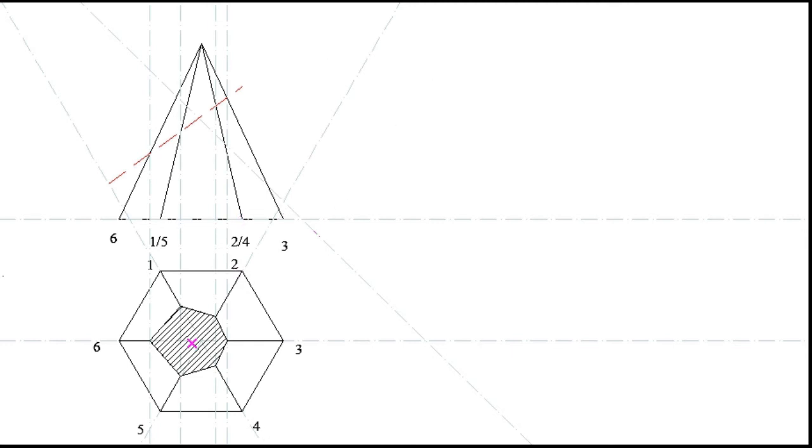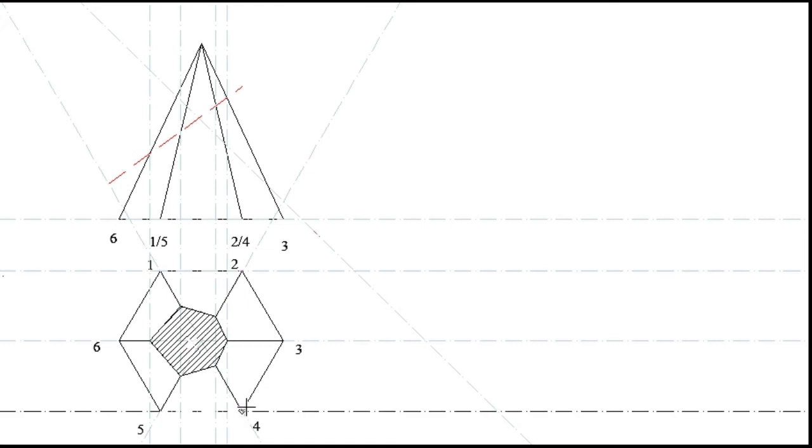To do that, I draw construction lines from this point going this side, and another construction line from this point going this side. Where the construction lines intersect with my 45-degree line, I will draw a line moving upward.